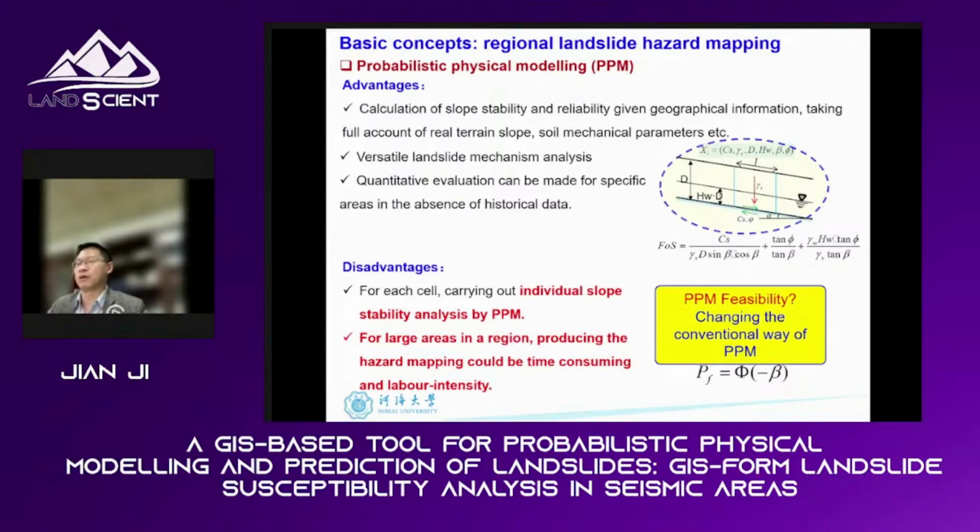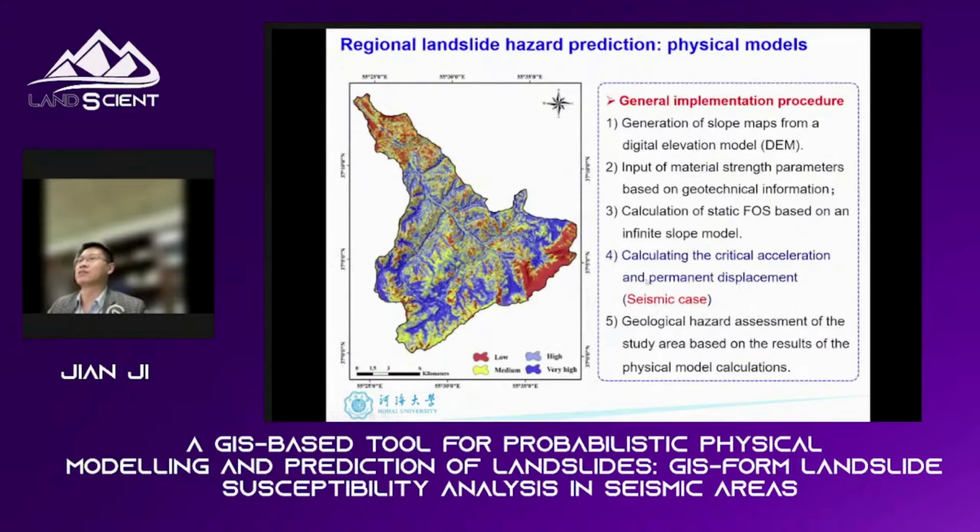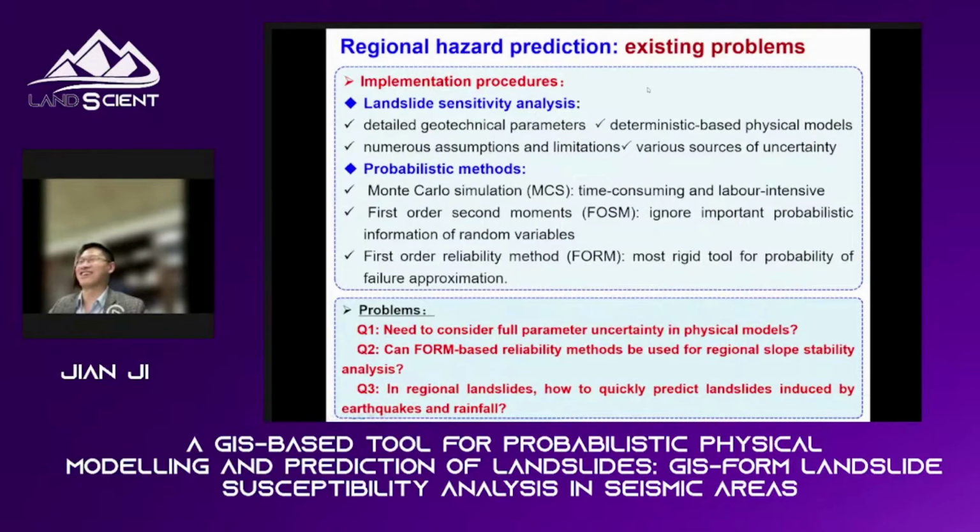So, is probabilistic physical modeling feasible for landslide mapping? To do that work, we have to change the conventional way of probabilistic physical modeling using the geotechnical reliability method. I'm sorry that the time is very fast, so I have to go a little quicker through my research work.